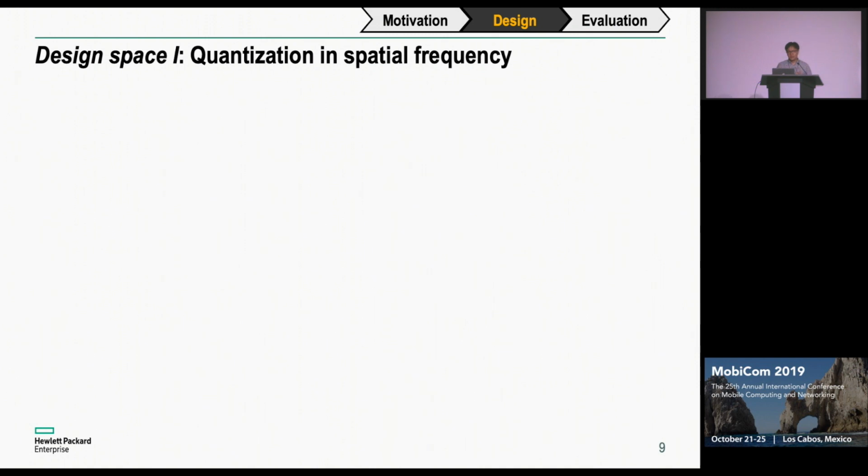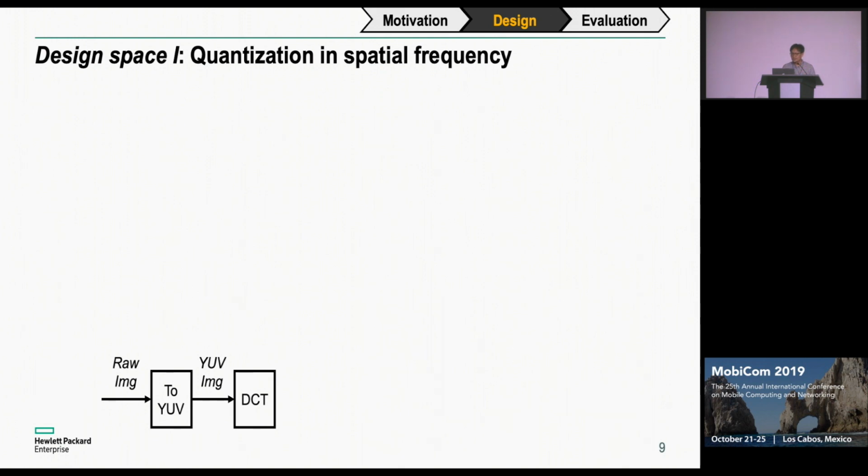Let's discuss the design of GRACE in a little bit more detail. Our first design space is the quantization in the spatial frequency. Existing image compression like JPEG first takes the raw images and converts them to the YUV color space for better compression. Then it uses the discrete cosine transform, or DCT, to convert those images to spatial frequency representations. Here, DCT helps concentrate most of the information in a few low-frequency coefficients.